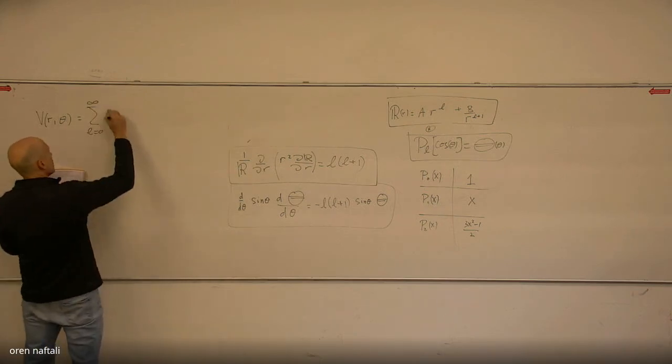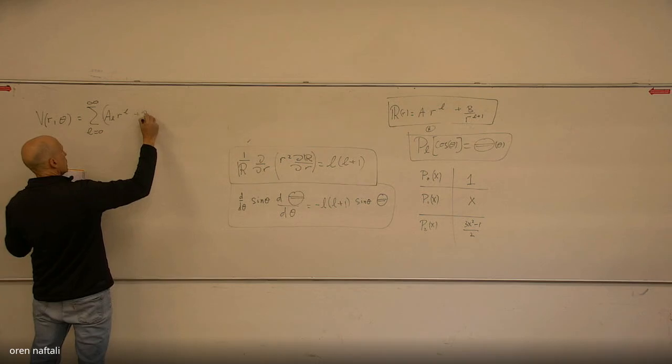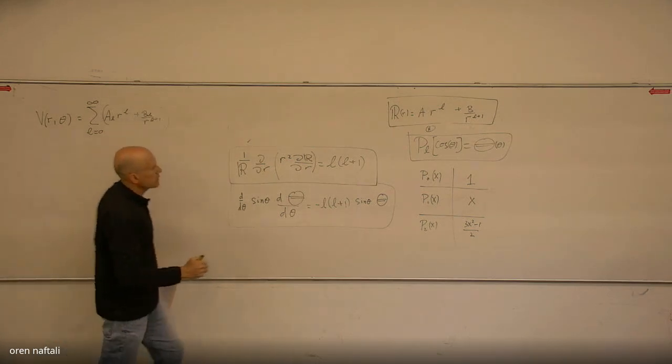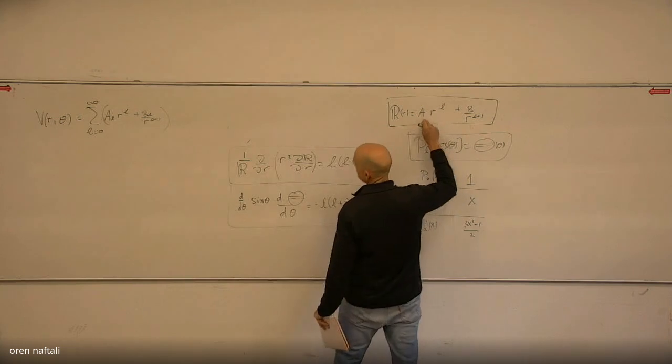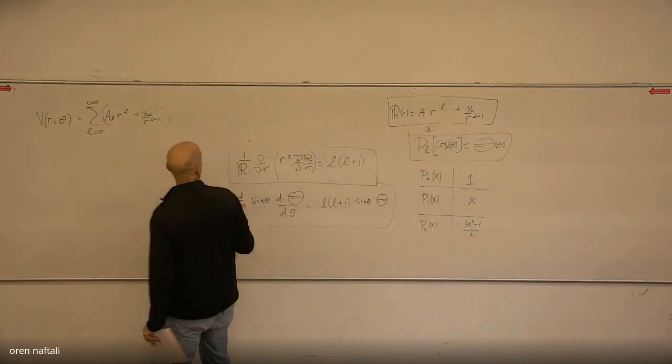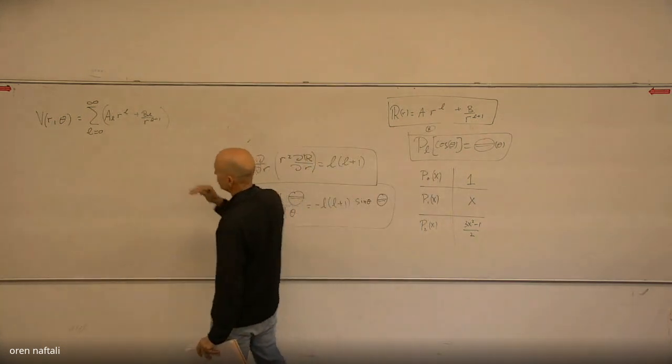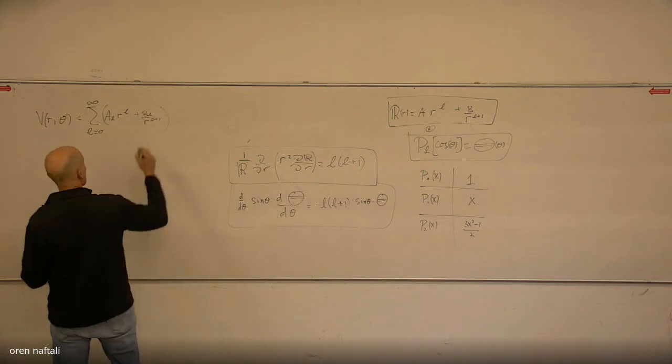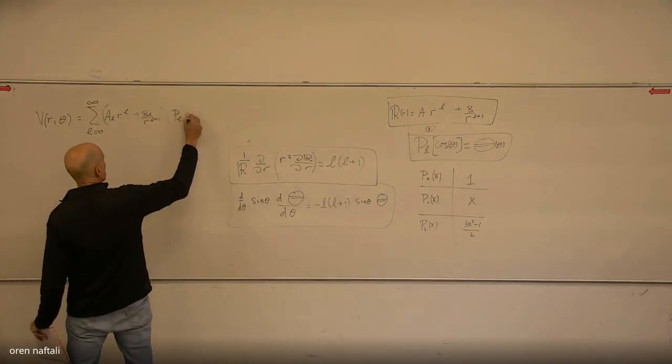In general, A_L r^L plus B_L r^(L+1) in the denominator. This is simply these equations where I added an index L, because these are special solutions not related to the specific boundary conditions, times P_L of cosine theta.